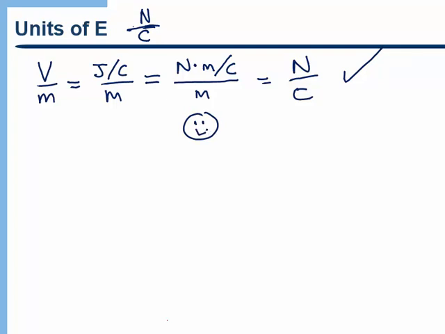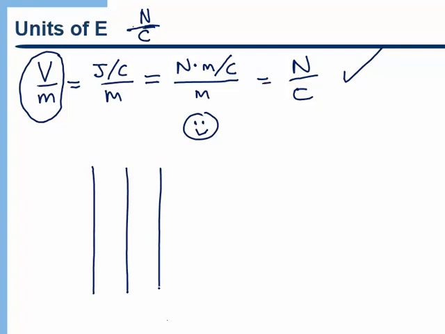But this new unit for electric field, volts per meter, gives us some insight into the relationship between electric potential difference and electric field. So let me draw some equipotentials. Remember from the lab what an equipotential is. We'll talk about it more in today's class.